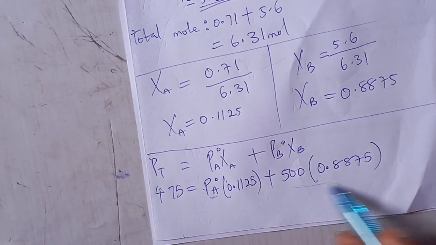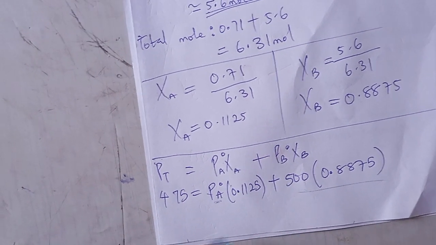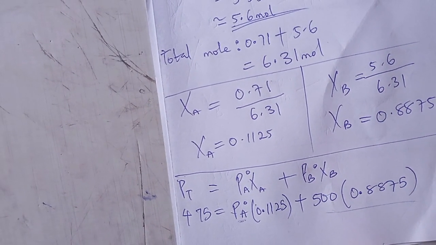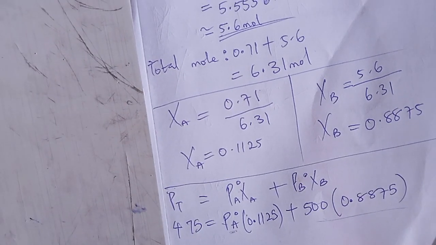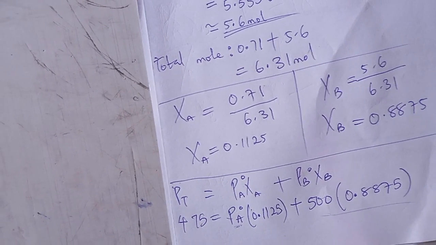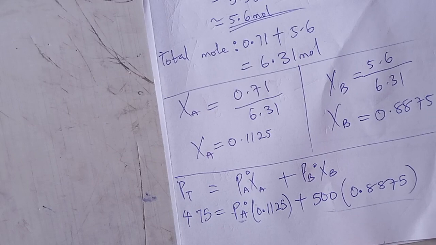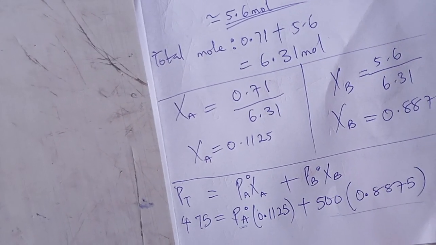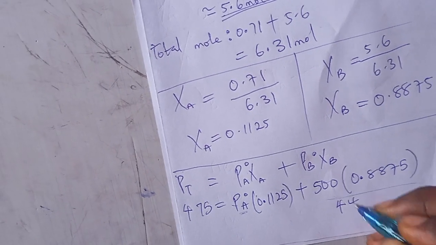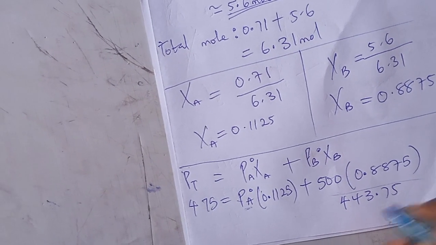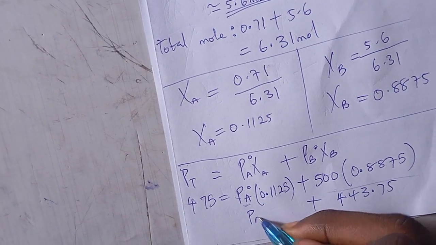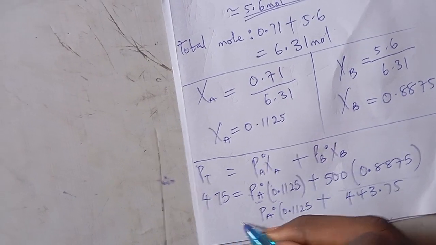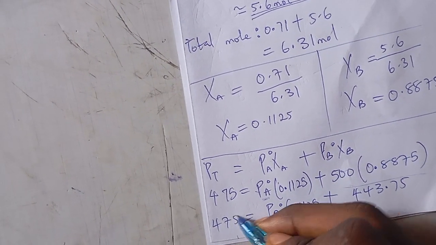So let's solve for this, and make PA naught the subject of the formula. Let's punch 500 times 0.8875. We get 443.75 plus PA naught times 0.1125 equals 475.